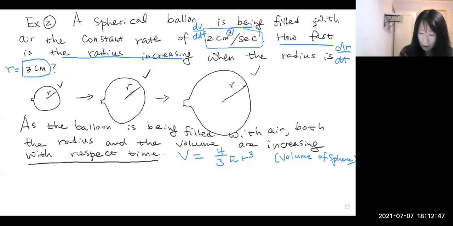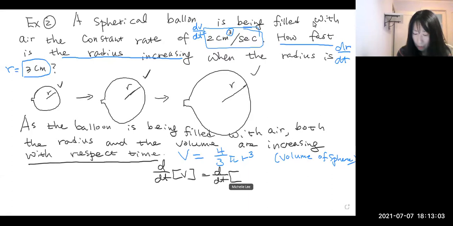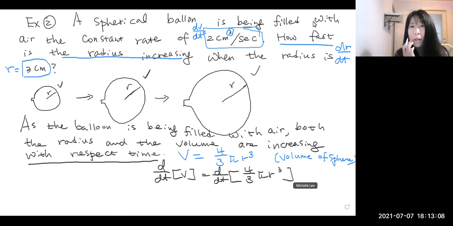So d over dt of V equals d over dt of 4 over 3 pi r cubed. Okay, so we take the derivative with respect to t, but for every variable we use the chain rule. Okay, that is the main idea in this section.